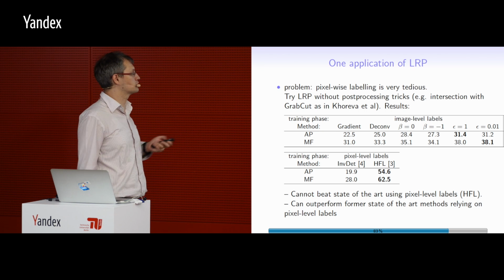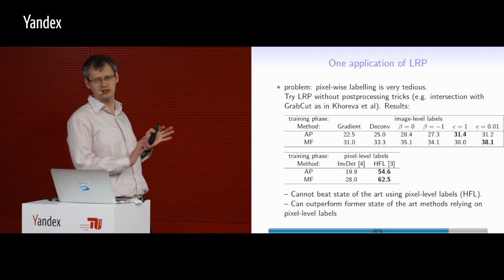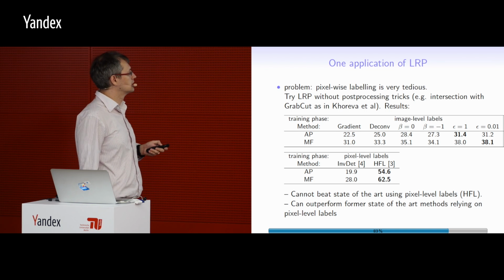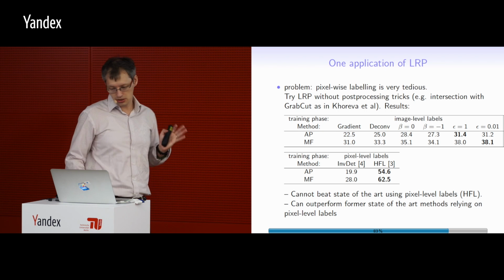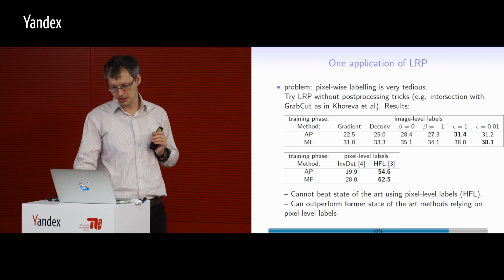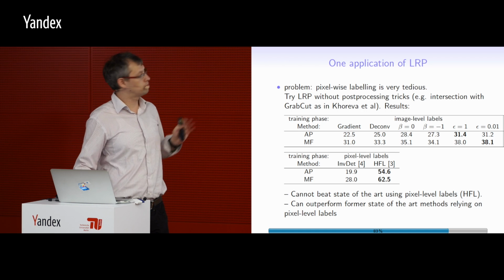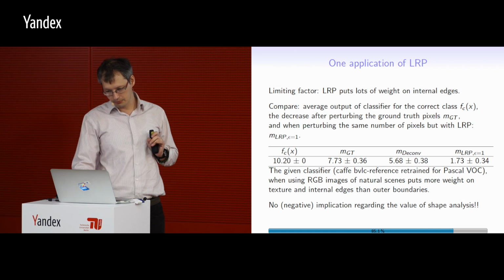Clear thing, but they use pixel level labels. However, the previous state-of-the-art method, inverse detectors by Bharat Hariharan from, I think, 2011, is not so good, even though those used pixel level labels. So this is a very reasonable and formidable result, and it can be improved. We tried no post-processing tricks here.